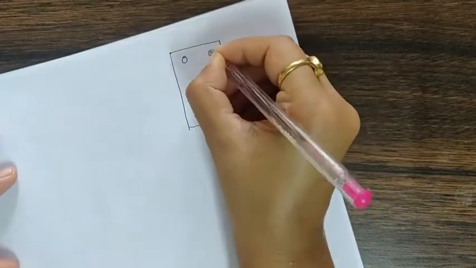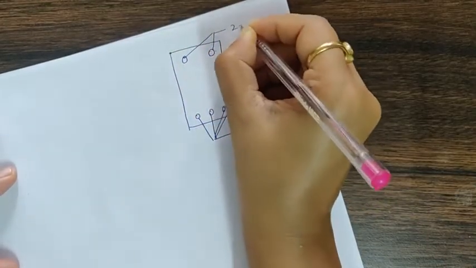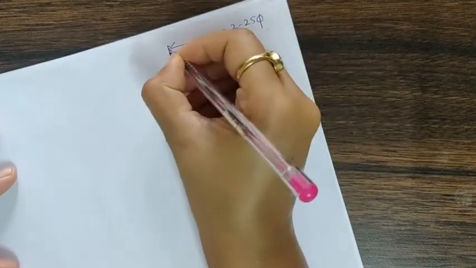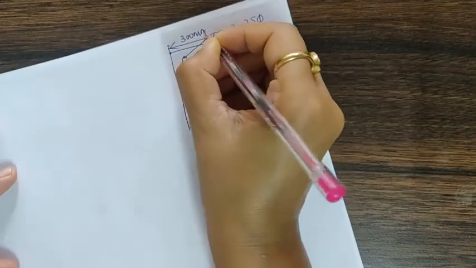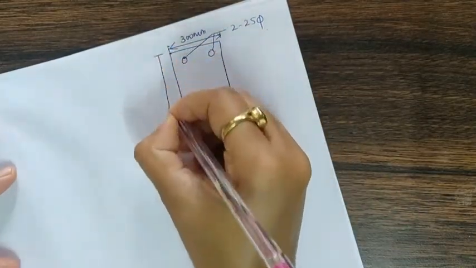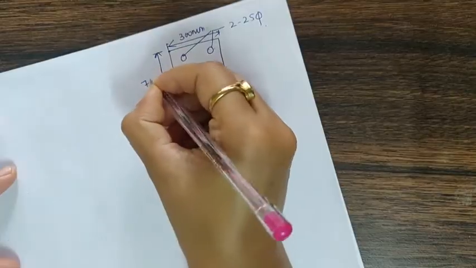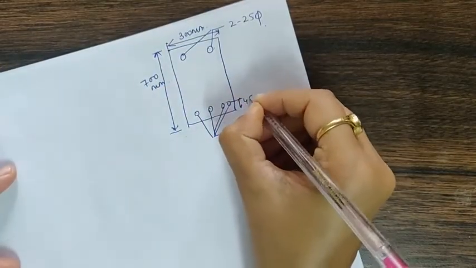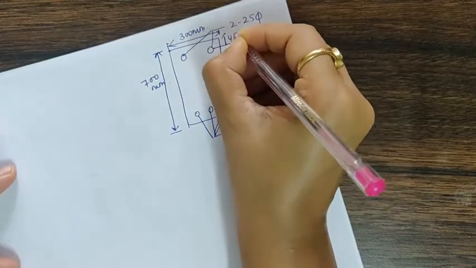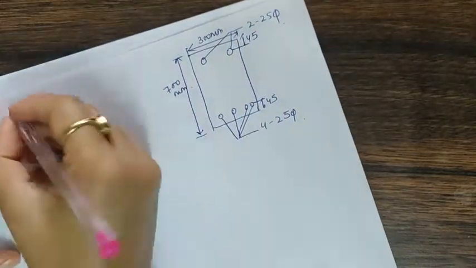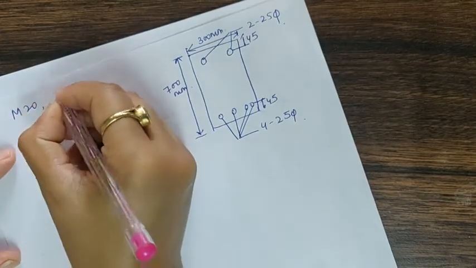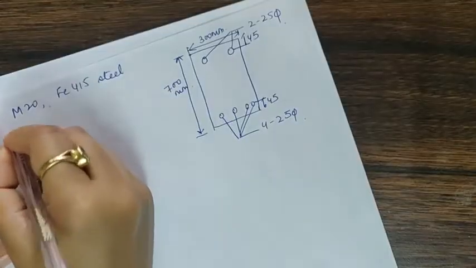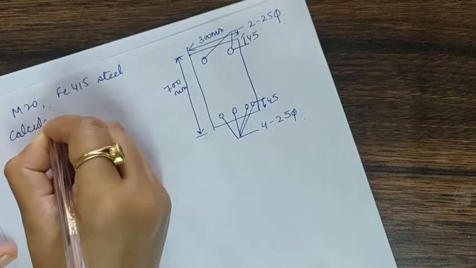At the top I am having 2 bars 25 dia. Width of the section is 300 millimeters. Overall depth of the section is 700 millimeters. The cover to the reinforcement on both the sides is 45. We are using M20 and Fe415 steel. You are to calculate moment of resistance.